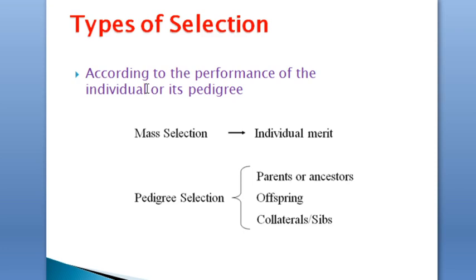According to the performance of the individual or its pedigree, we can either have mass selection, which is based on the individual merit, or pedigree selection, which is based on the parent or ancestors' merit or performance. The offspring, or individuals or parents for reproduction are selected based on the characteristics or traits of their sibs or collaterals.